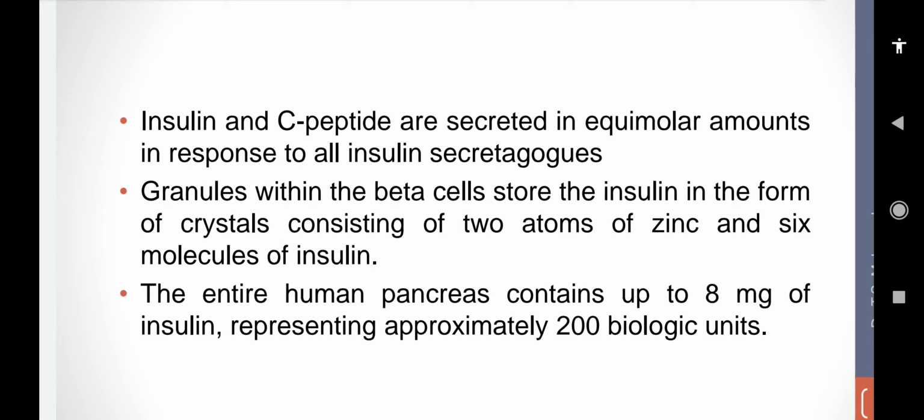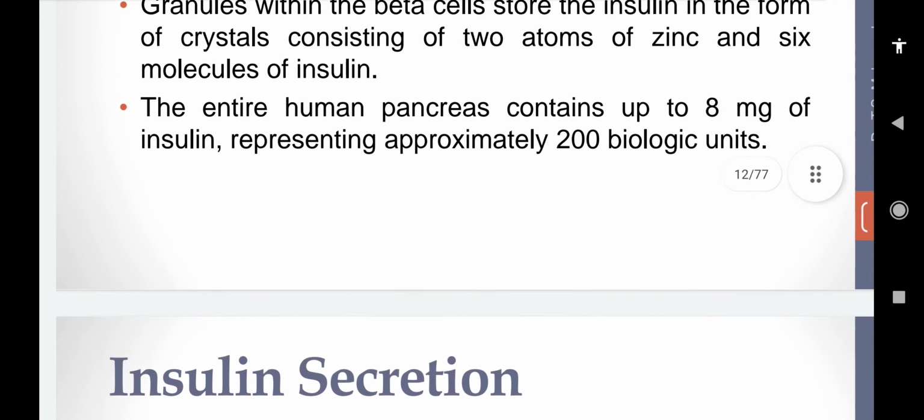The entire human pancreas contains up to 8 mg of insulin. 8 mg is a huge amount, representing approximately 200 biological units. So we are thankful to Allah that we already have an endocrine system that gives us 8 mg of insulin. Alhamdulillah.